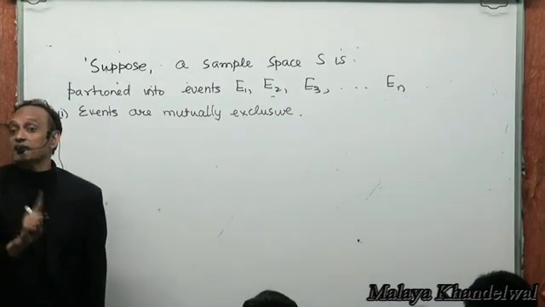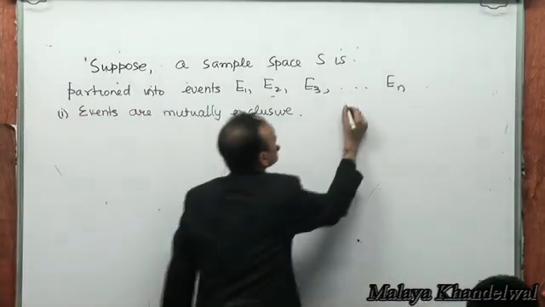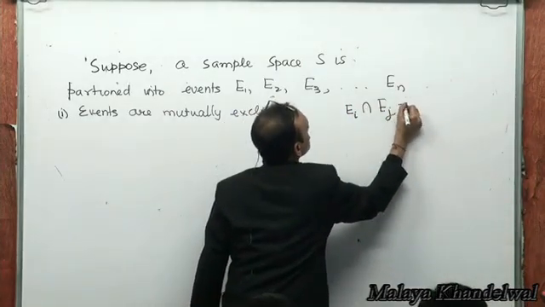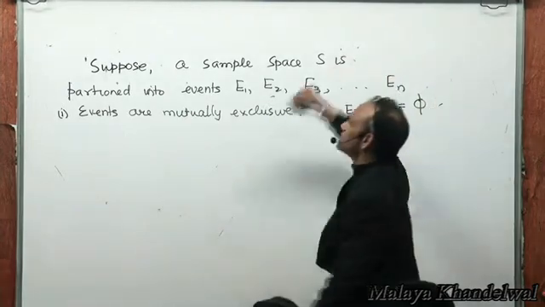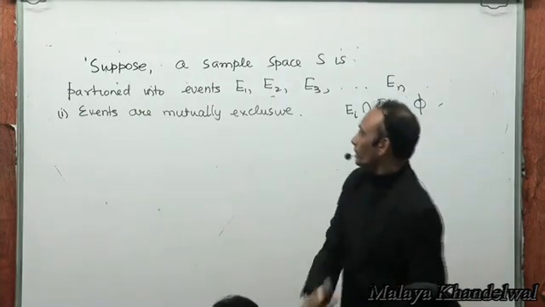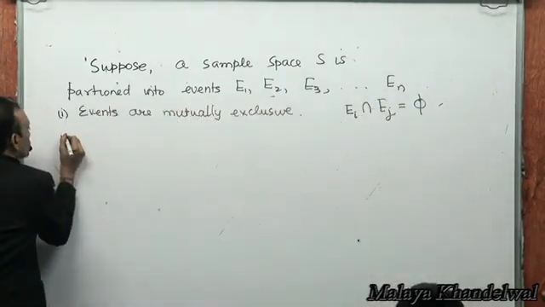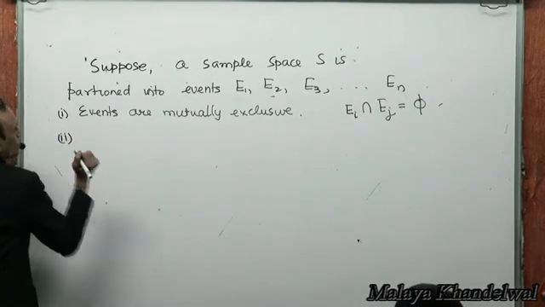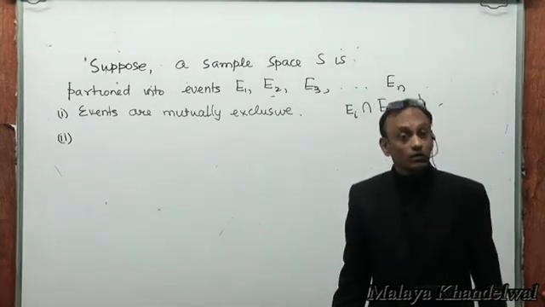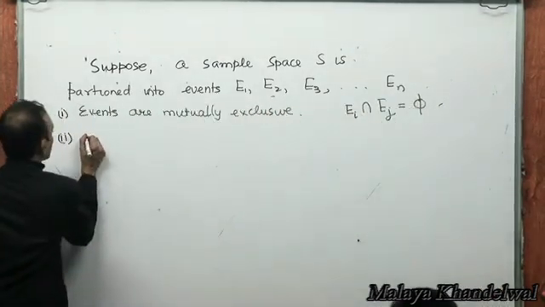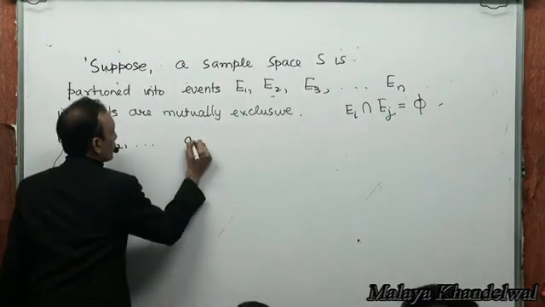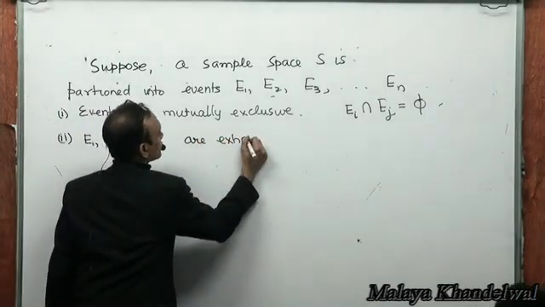That means no two of these events can occur simultaneously. That means Ei intersection Ej is a null set. Two, these events are exhaustive.